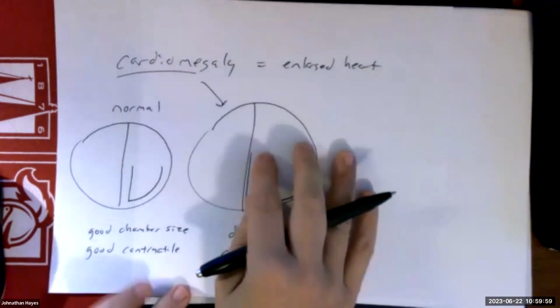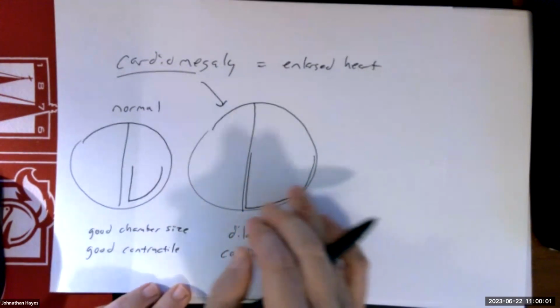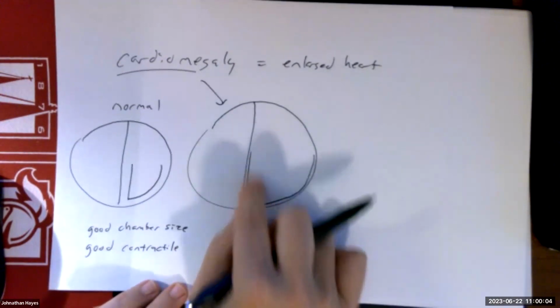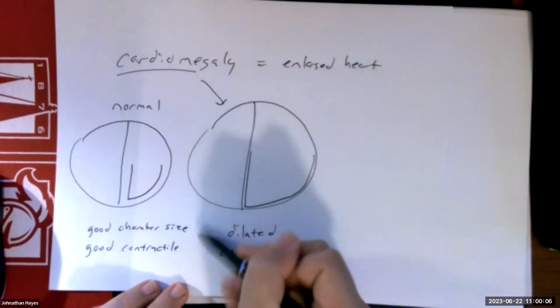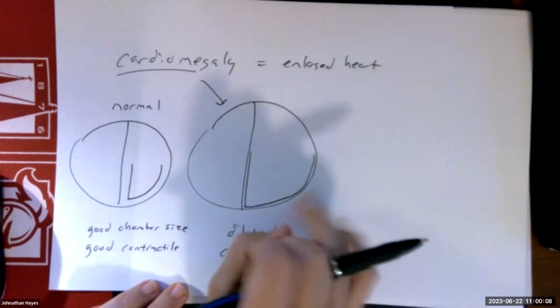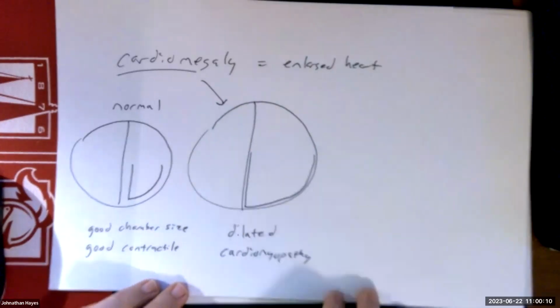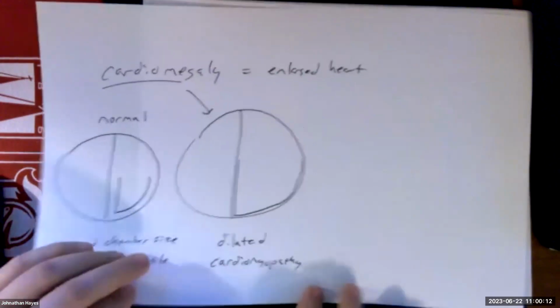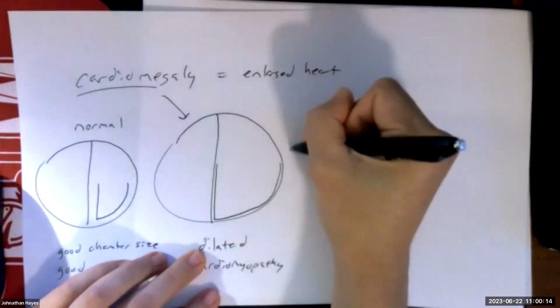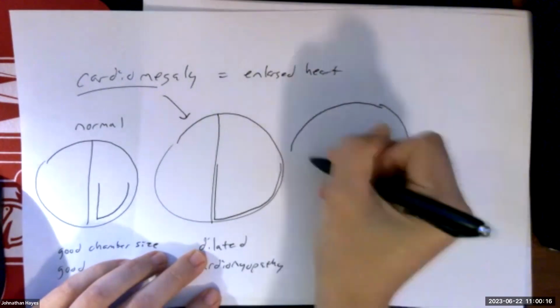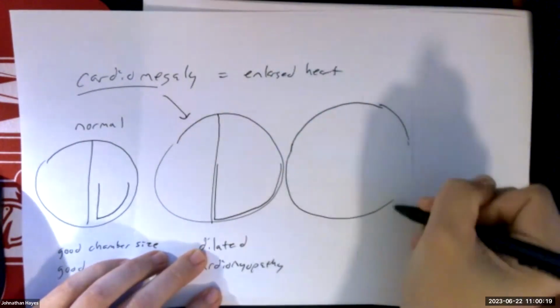So what attributes does this heart have? What attributes does it not have? So certainly got good chamber size, check, right? How about good contractile property? Negative, right? So this heart sucks. Next one. That was an easy determination, wasn't it?